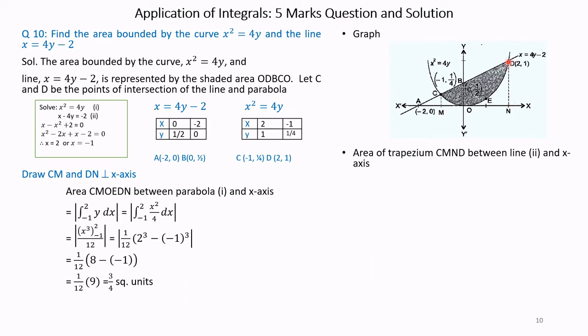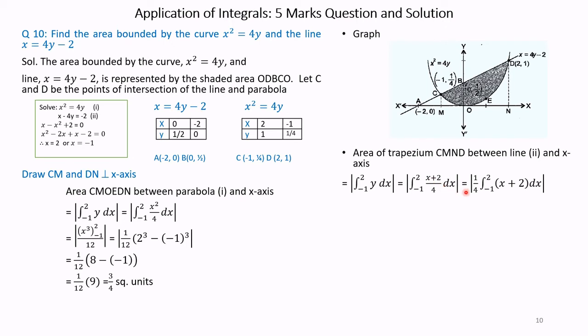This whole trapezium is given by the relation, again the integral from -1 to 2 of y dx, and the equation of the straight line is x plus 2 divided by 4. Simplifying this equation, x plus 2 divided by 4 into dx.